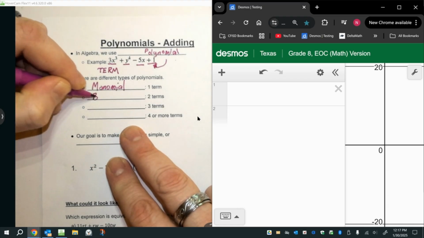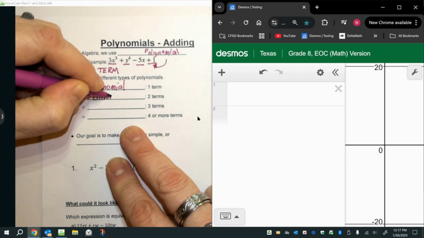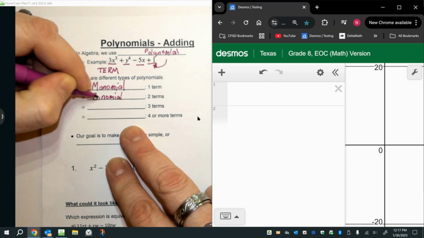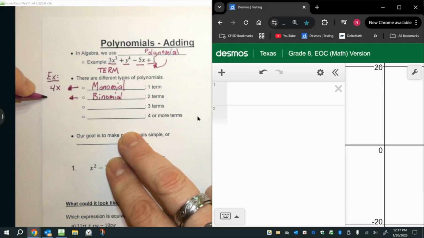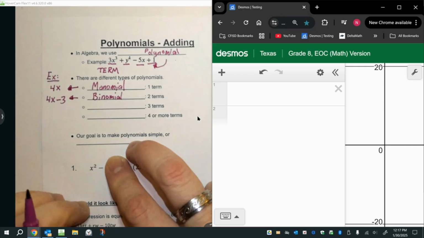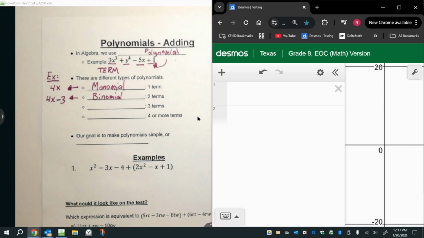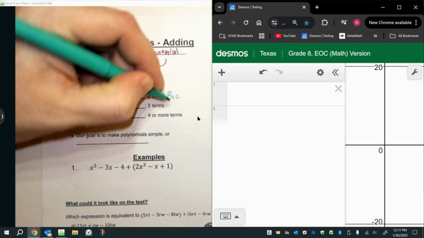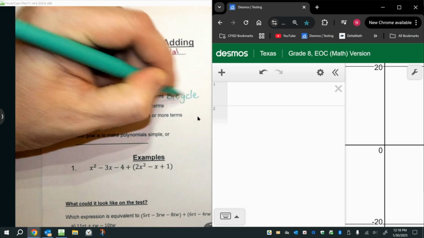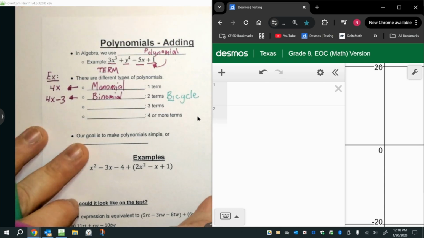Binomial is what we call something with 2 terms. So a binomial, an example, maybe something like 4x minus 3. Another way you can remember it would be like a bicycle. And we know that bicycle has 2 wheels.